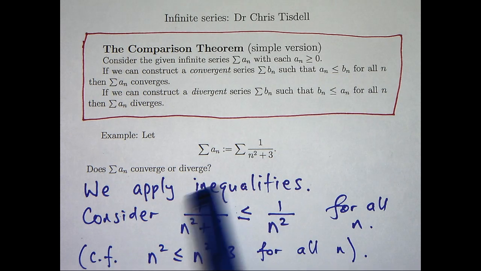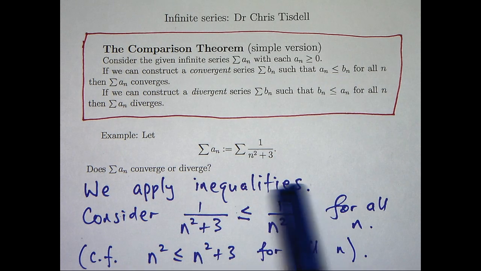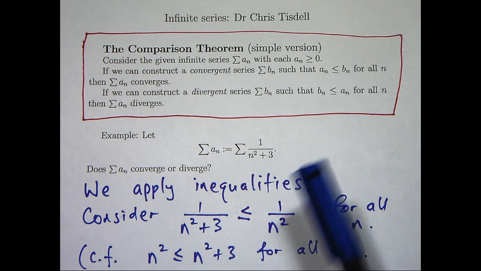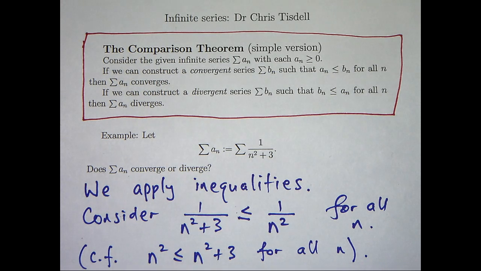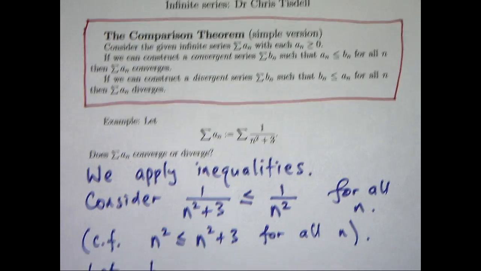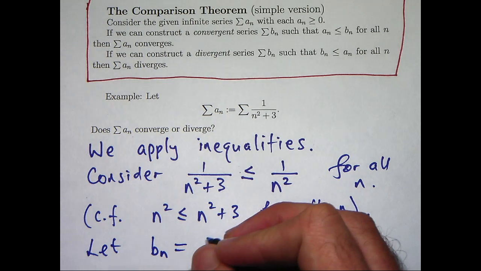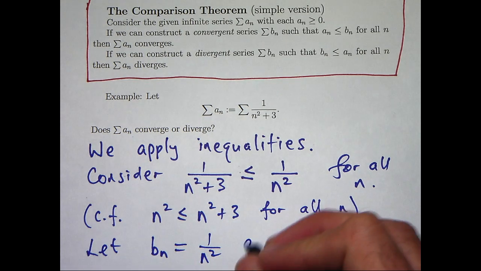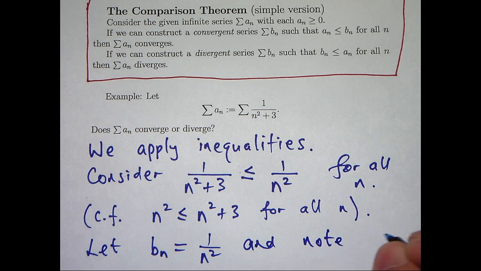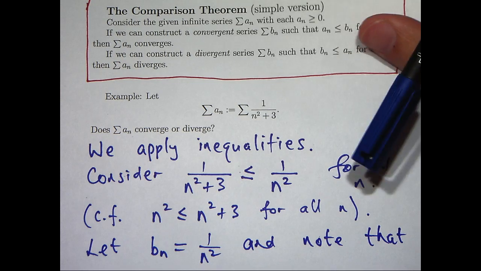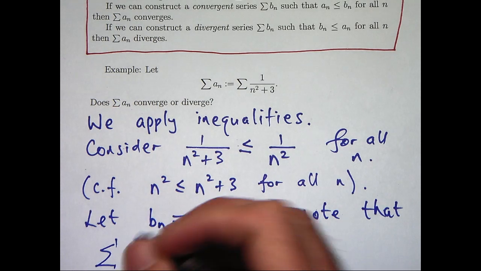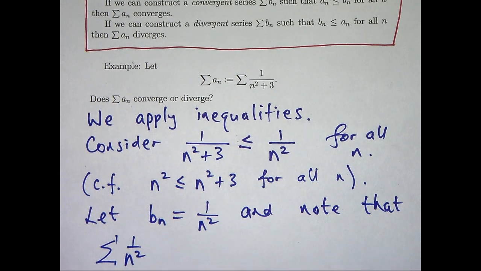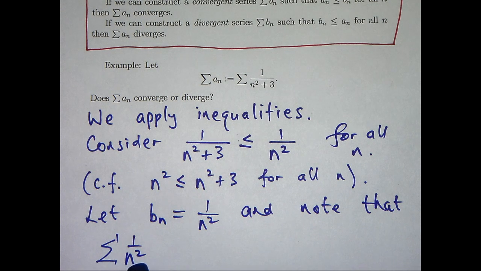Now we need to ask, if that's my b sub n, does the series associated with 1 on n squared converge? So let b sub n be 1 on n squared, and note that the sum of 1 on n squared is a p series.